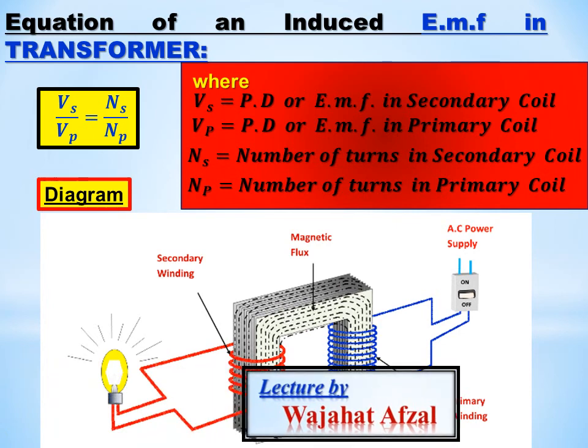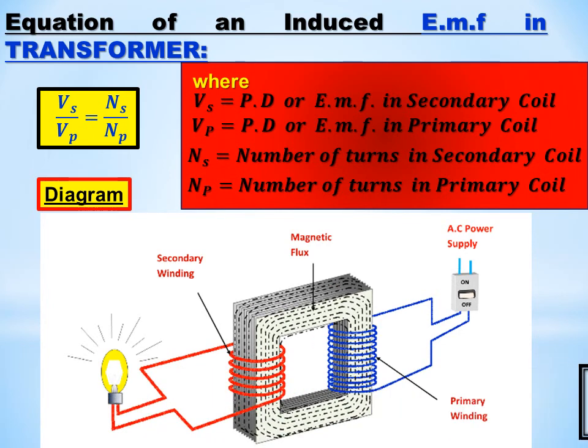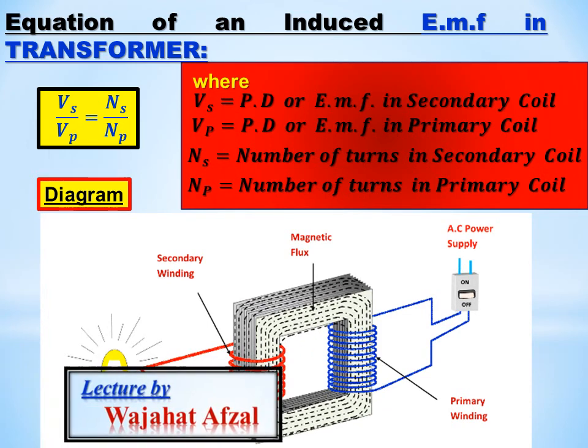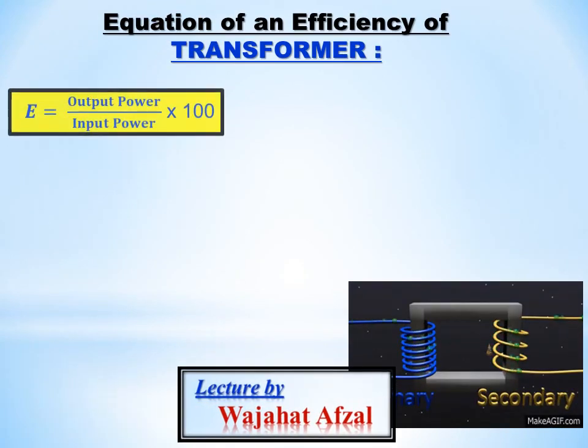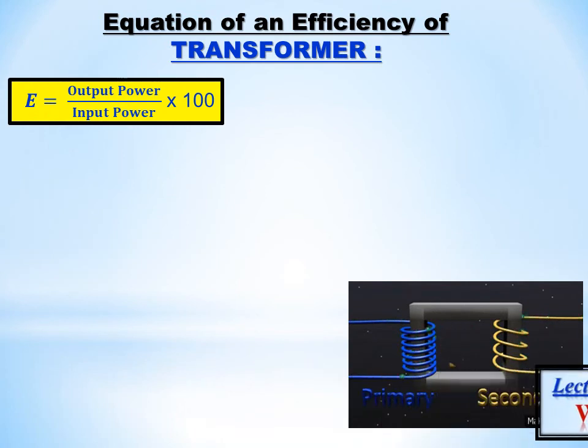So these are the 6 variables in this transformer, and power is also over there. Pp means power in the primary coil, and Ps means power in the secondary coil. It has a few more formulas, of the efficiency. Now let's see. The efficiency of a transformer is basically output divided by input.